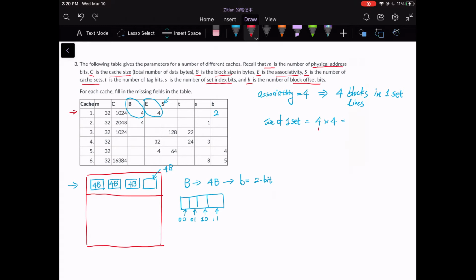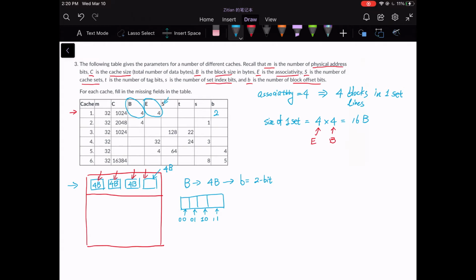The first 4 is the associativity, and the second one is B. So we know inside one set we have 4 lines, and the size of each one is 4 bytes. So in total, one set is 16 bytes.